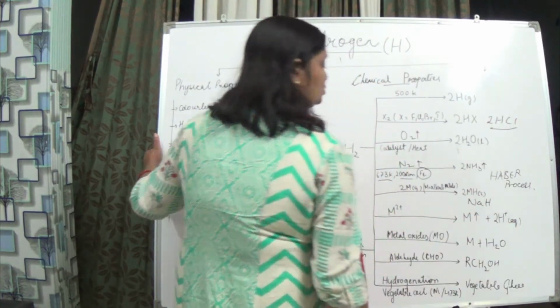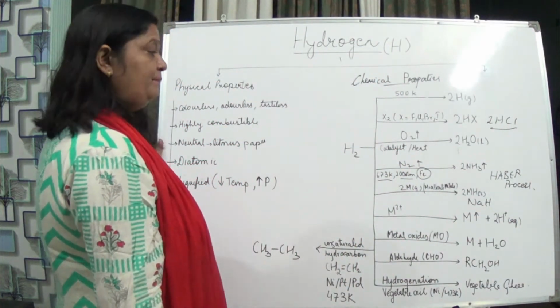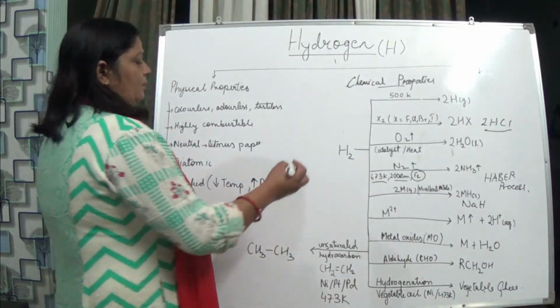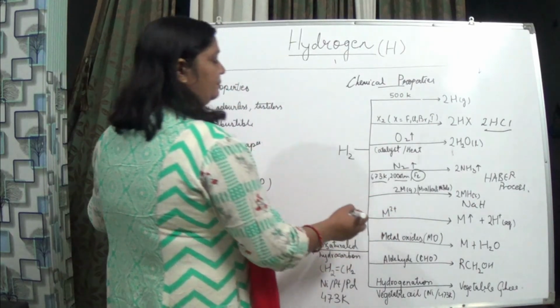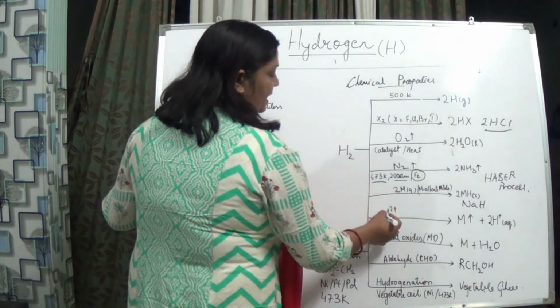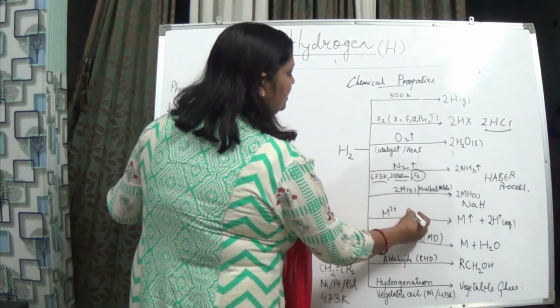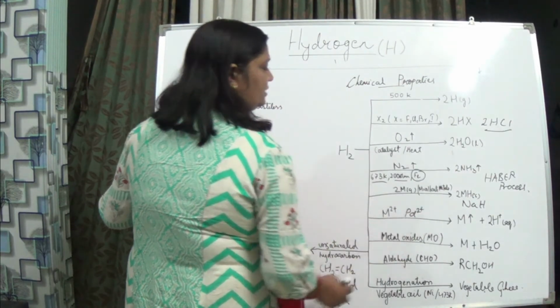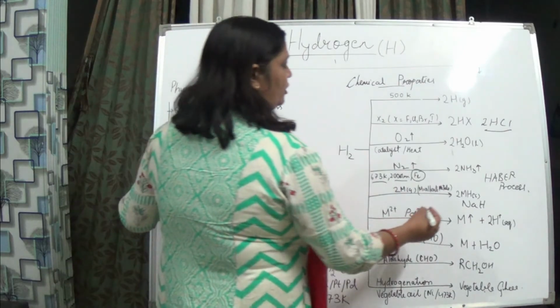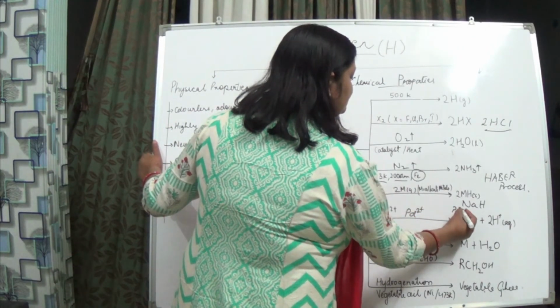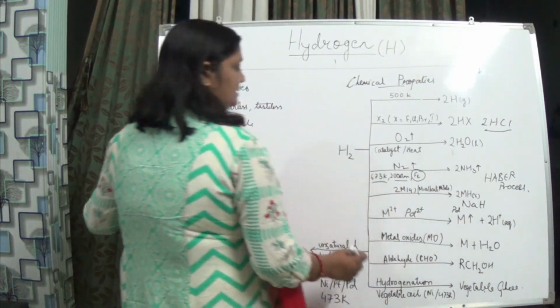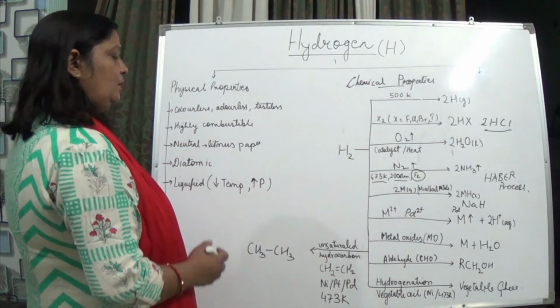NaH, that is sodium hydride. When hydrogen reacts with any metallic ion like M2+, or you can even write Pb2+ ions, naturally it will form what? Pb, that is lead, and 2H+ ions will be released.